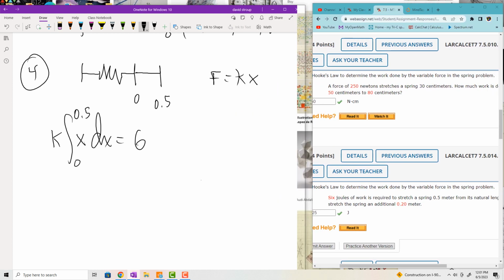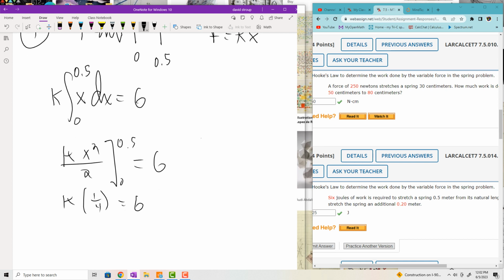Okay, so in this problem, you'll get K x squared over 2, evaluated from 0 to 0.5 equals 6. So it'd be K times 1/4 equals 6. I lost my 2 somewhere, so it would be 1/8 at the end of the day.